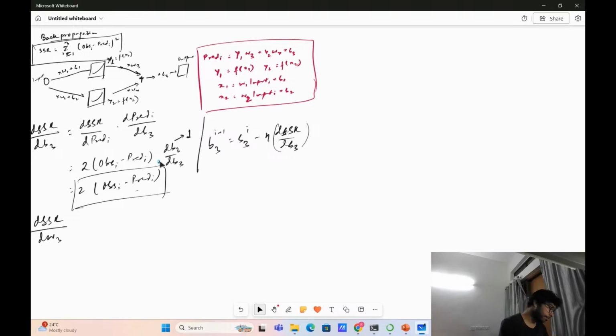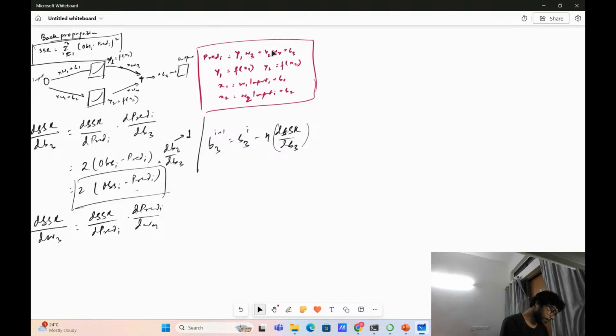So I will calculate one value at the end. But before that, let me calculate the derivative of SSR with respect to W3. So derivative of SSR with respect to W3 is again derivative of SSR with respect to predicted times derivative of predicted with respect to W3. So if you see from here, derivative of predicted with respect to W3 is just y1. Okay, this value y1. Remaining terms don't depend on W3.